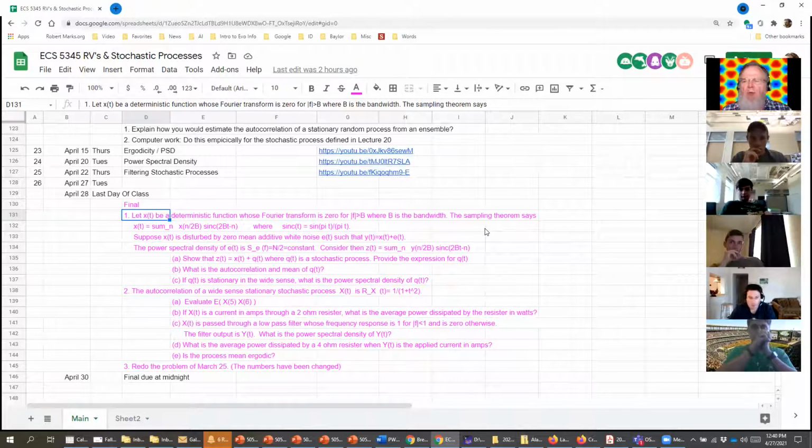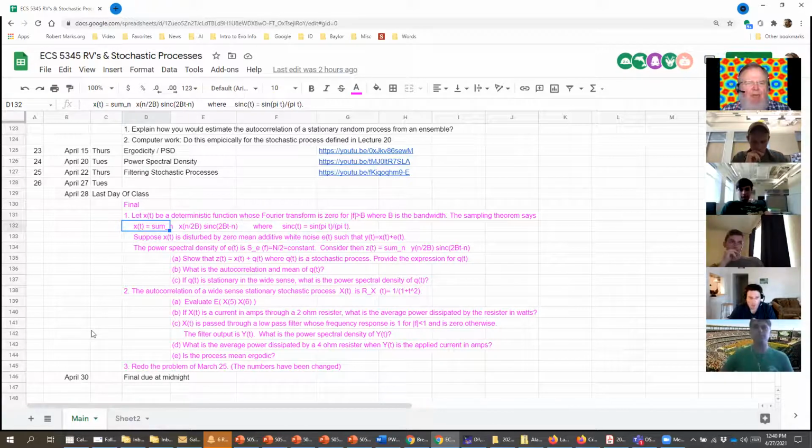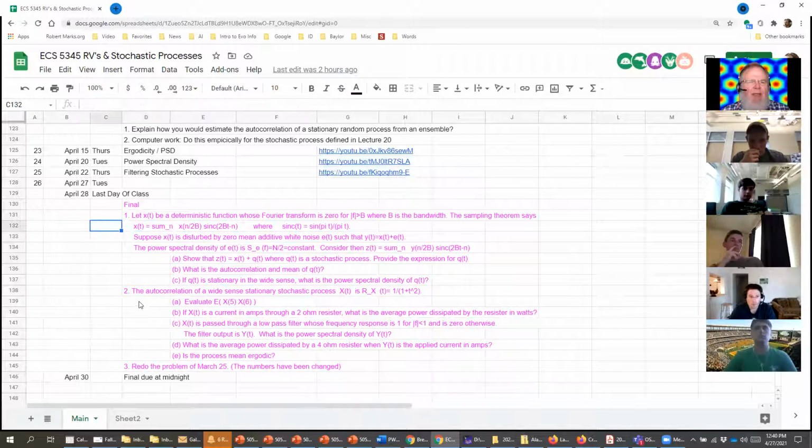And you all know, hopefully, from signal processing, that the sampling theorem says x of t is equal to the sum of the samples, n over 2b, times the sinc of 2bn, where the sinc of t is equal to the sine of pi t over pi t. And we use that for a very specific reason, which I'll talk about in just a second.